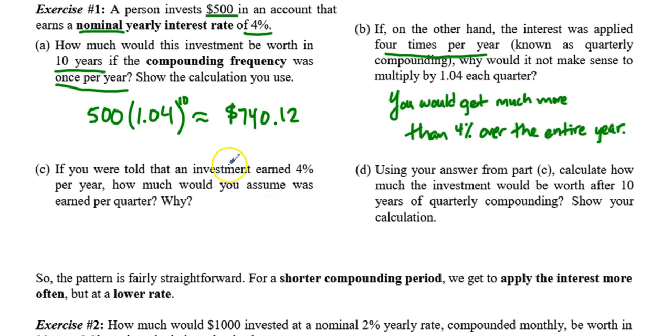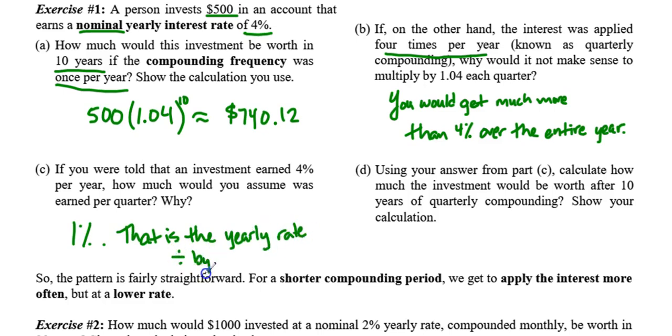So instead, what would you assume you would get per quarter if you get 4% over the whole year? Hopefully you jotted down something. Hopefully it makes sense you'd get 1%. So if you take your yearly rate and divide by 4 quarters, that would get you your quarterly rate.